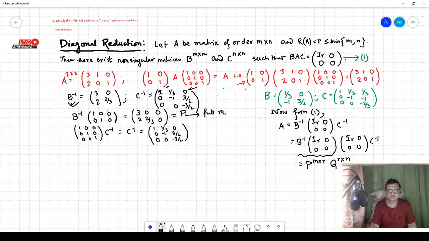Full row rank matrix, and this is our Q. I think I did some mistake.